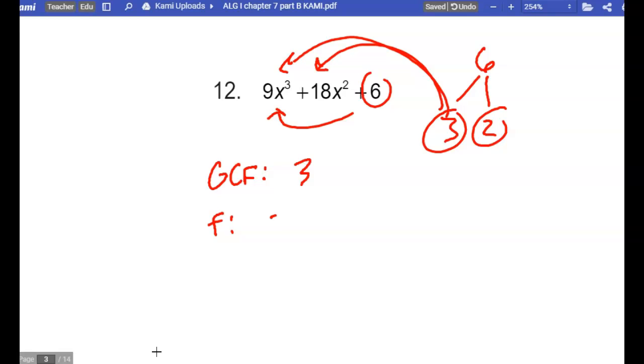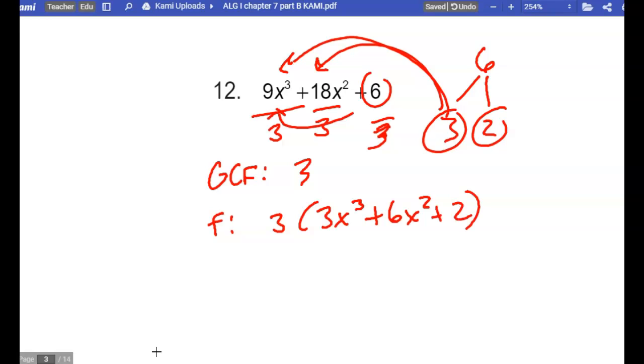So then when I factor that, really everything's just getting divided by 3. So I have 3x cubed left, and I have 6x squared, and I have a 2. And again, the reason I can't pull an x is because there's no x over here. If I had 6x, I'd be able to pull an x with the 3. There's no x, so I can't pull anything but a number.